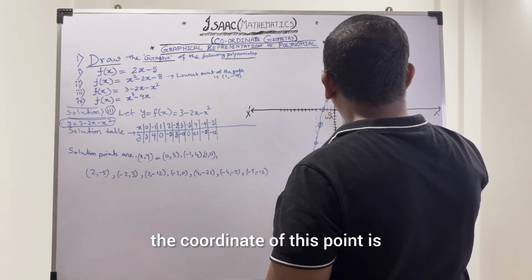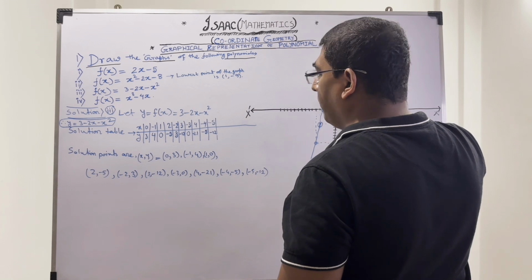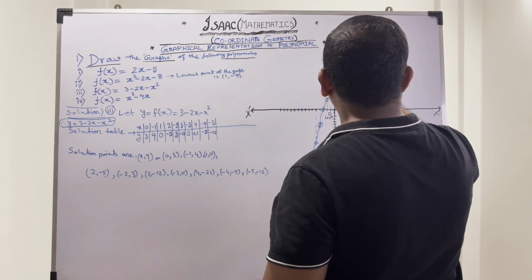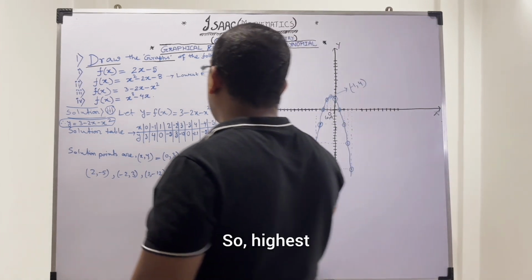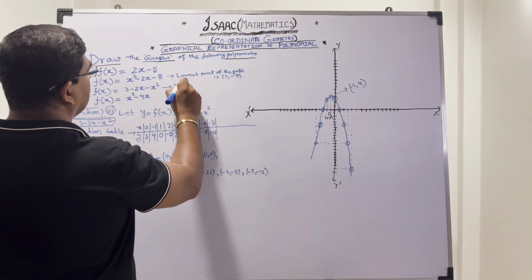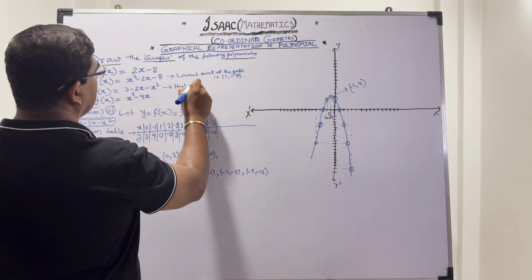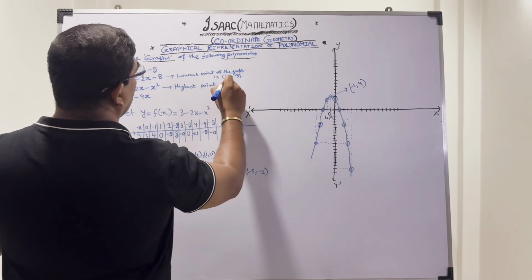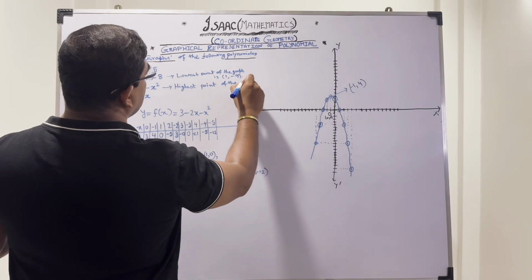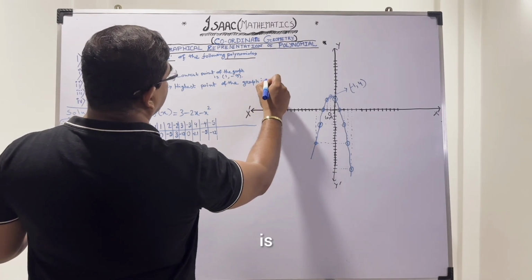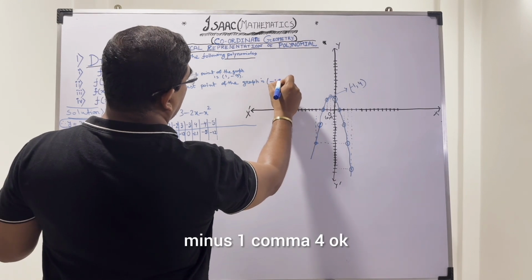The coordinate of this point is minus 1 comma 4. So the highest point of the graph is minus 1 comma 4.